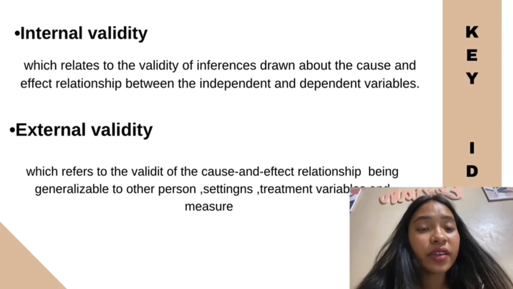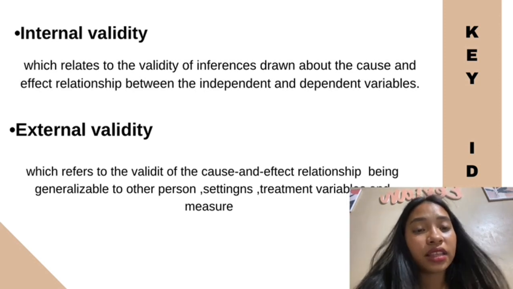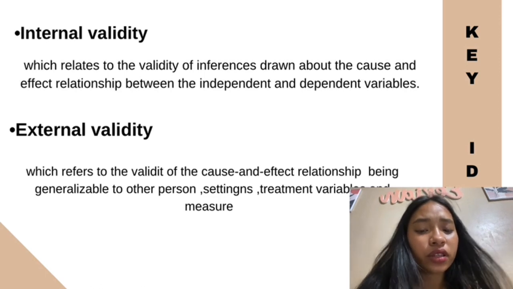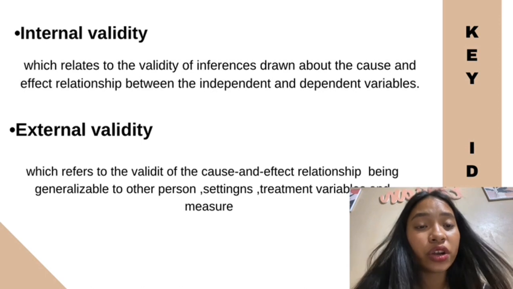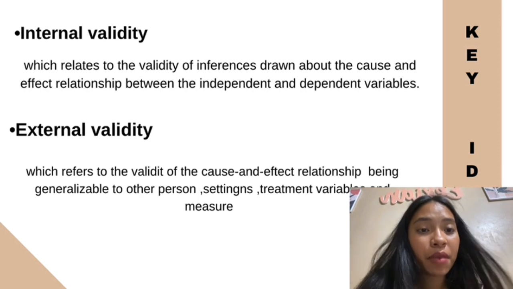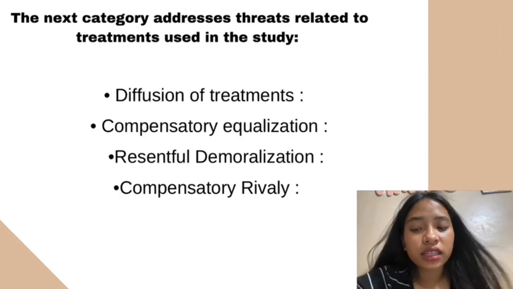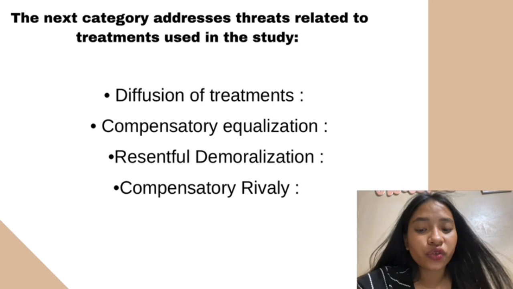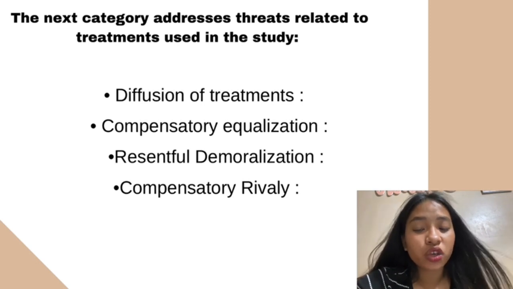So, external validity, the last one. External validity refers to the validity of the cause and effect relationship being generalizable to other persons, settings, treatment variables, and measures.